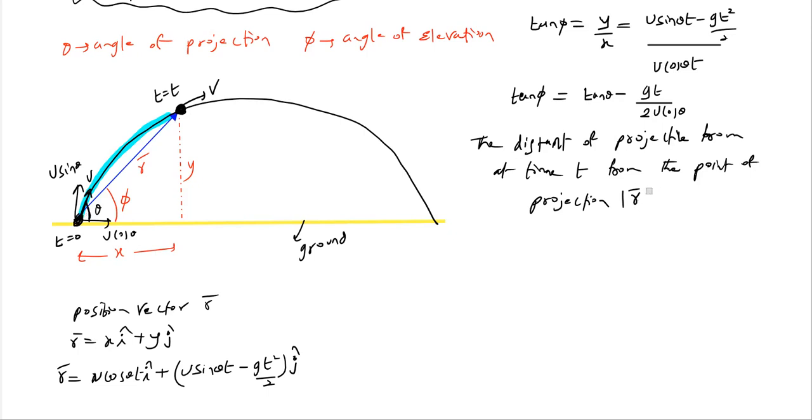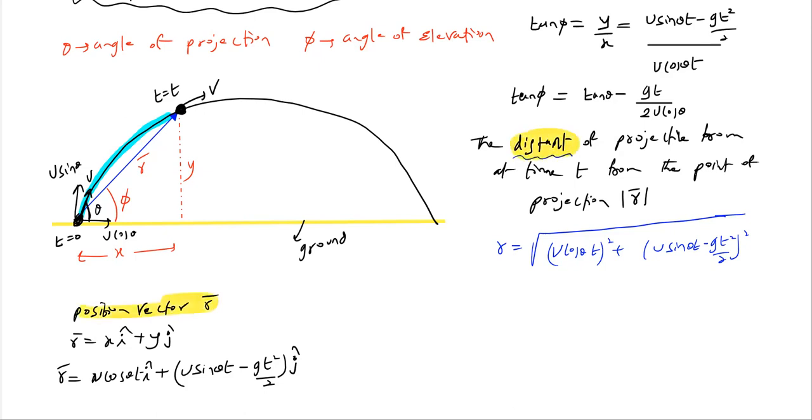We already know the r bar vector, and we have to take its modulus. R bar is equal to the square root of u cos theta t whole squared plus the y component squared. This will become the distance. Okay, these are all the terms we define for projectile motion.